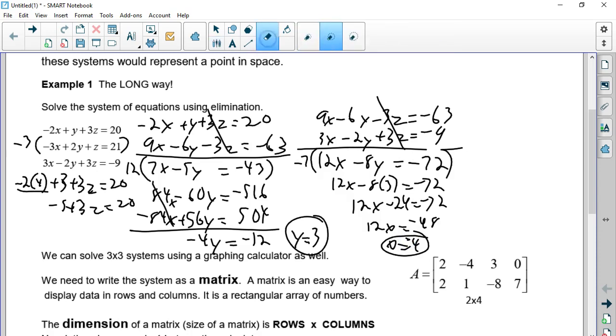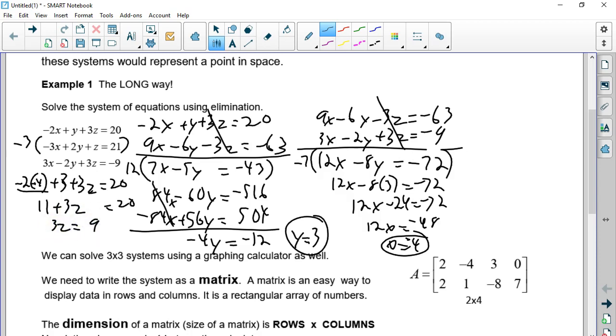So that means I'm going to get positive 8 plus 3 is 11 plus 3z equals 20. If I subtract 11, I get 3z equals 9. z equals 3. And now I write my answer in x, y, z form. Negative 4, comma, 3, comma, 3. And that's my x, y, z.